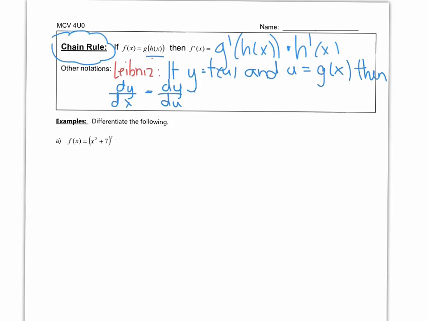That's like our outer function. And then we're going to go inside and take the derivative of u with respect to x.